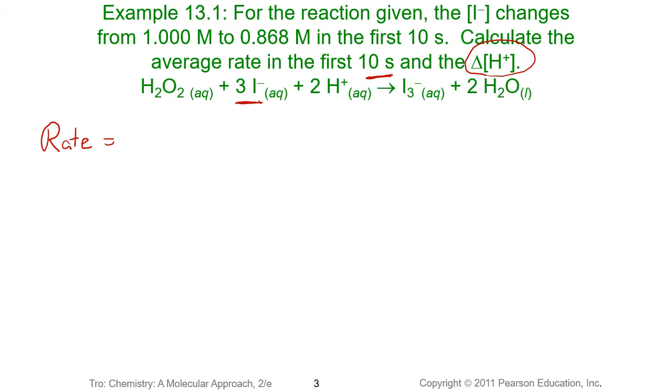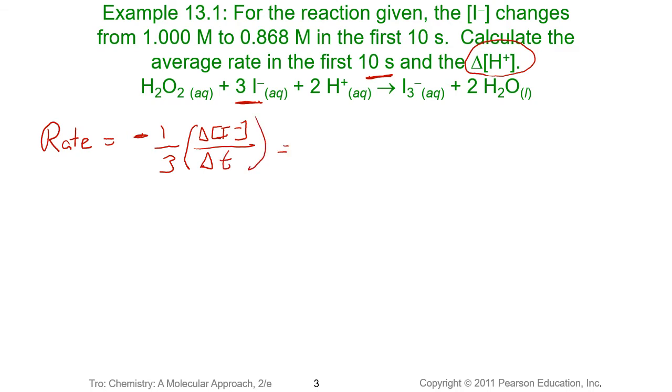I- is on the reactant side, so it's going to be negative. We've got a coefficient of 3, which means we need 1 over 3 times our change in I- concentration over change in time.